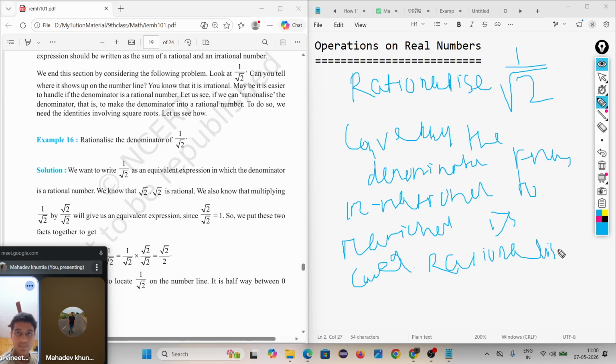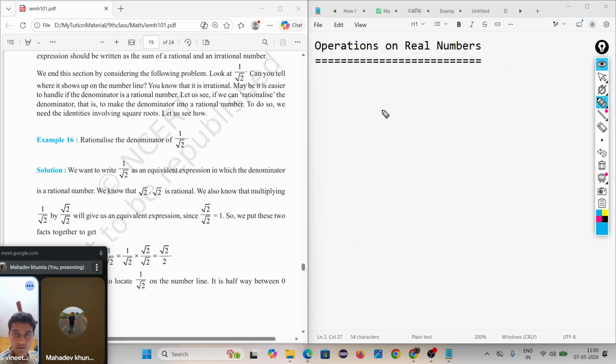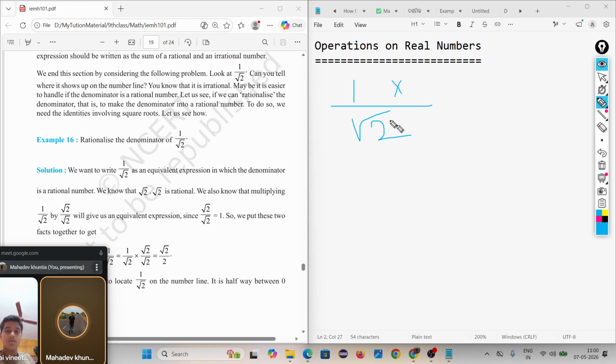Okay. Then look, 1 upon root 2. Tell me how you convert it. By multiplying both with the same number, root 2. Root 2 divided by 2. Here the rationalized factor.